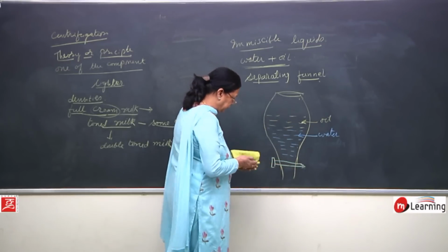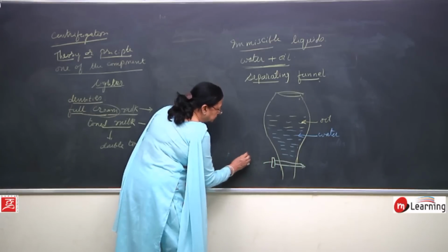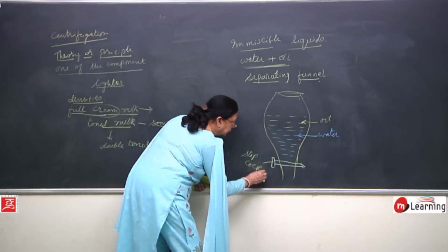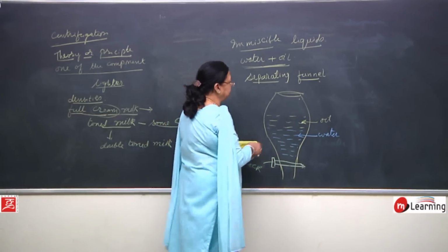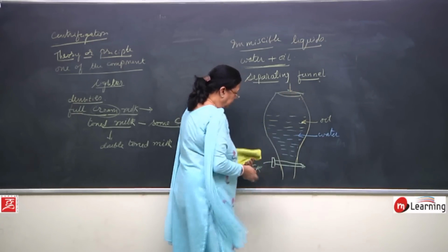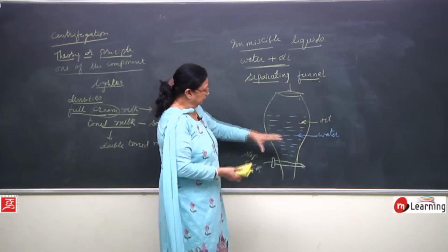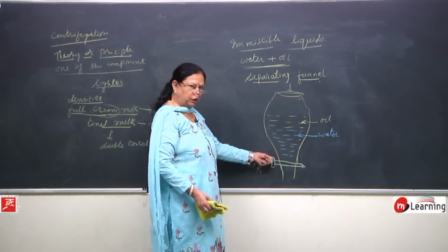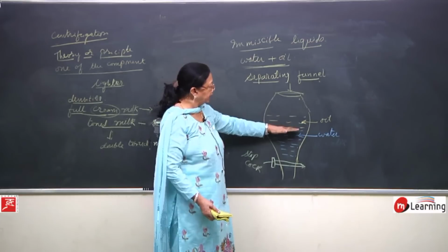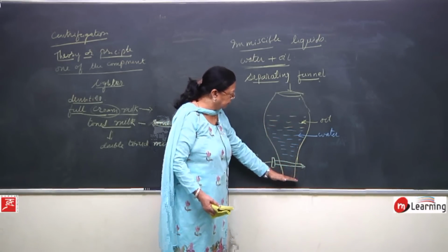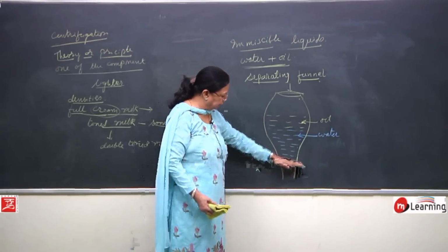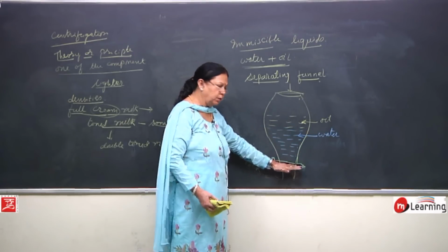This is the stopcock. This is the separating funnel, and if you have to separate, then what will you do? You will open this stopcock until all the water is down. You will let it open, and when all water has gone down, then you will close it.